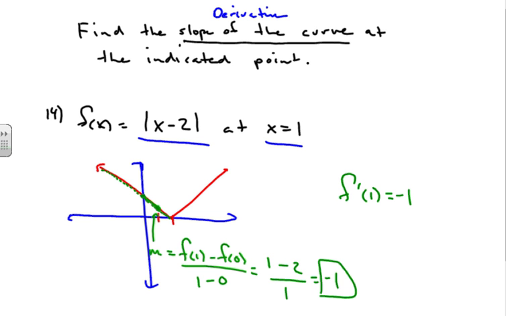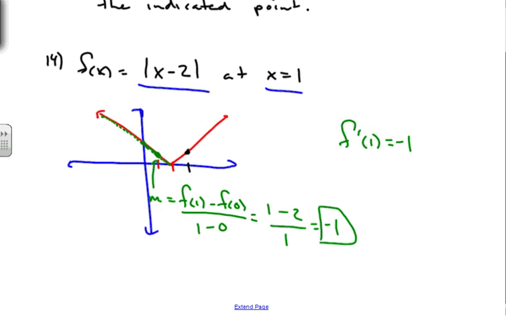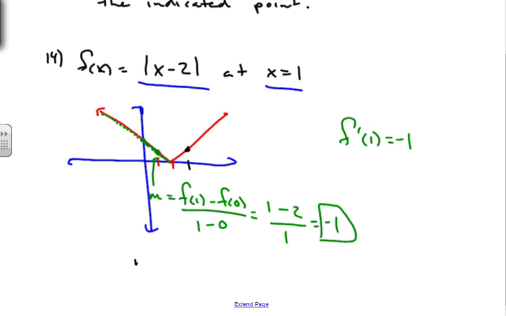We could do the same thing, and I bet we get a very similar answer, if we wanted to look at the other side. So if you wanted to do an extension of this problem, we could go to the other side and find out what the slope of the curve at 3 is. Well, find f prime of 3.